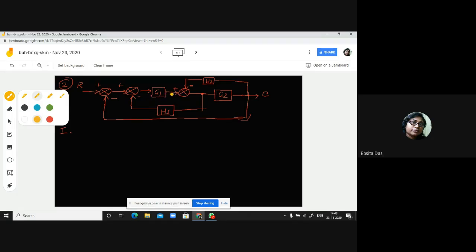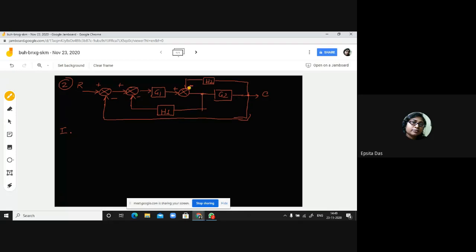Do you understand? We have done a few rules. One of the rules was that we can take the takeoff point either in front of a block or behind a block.